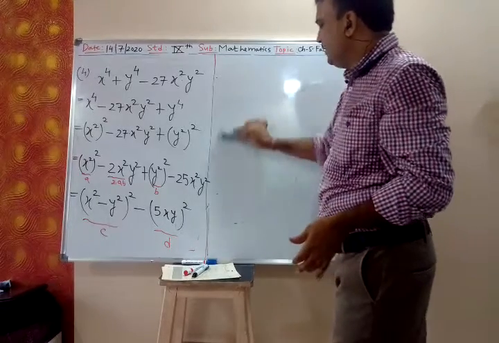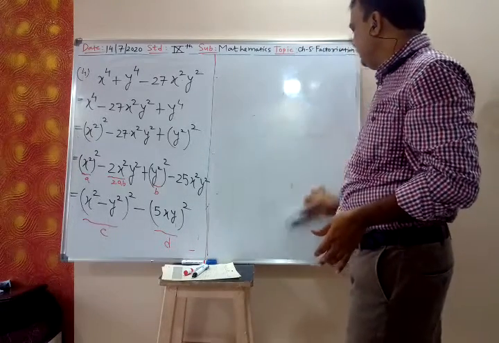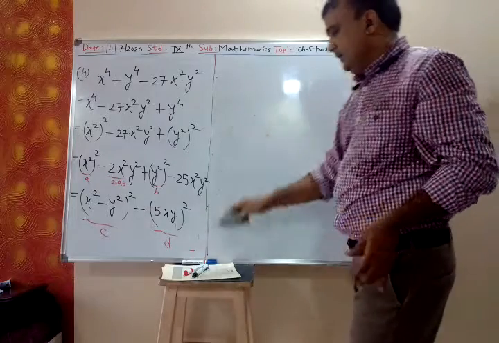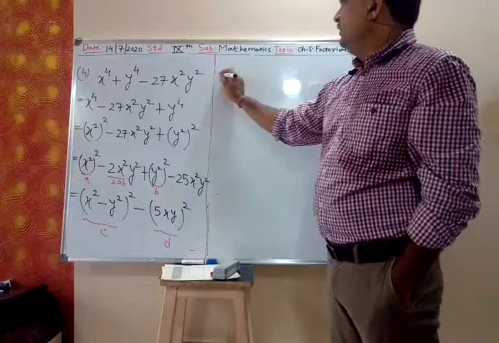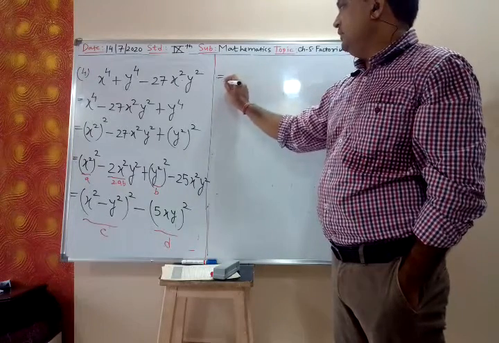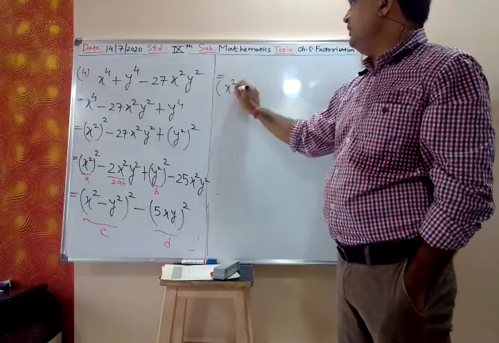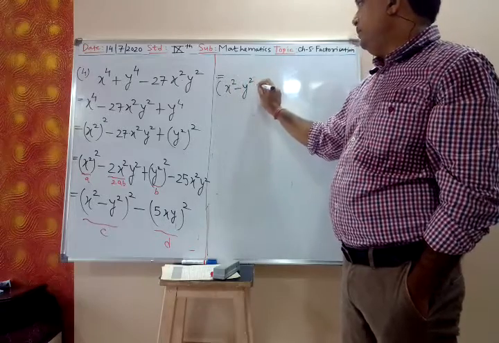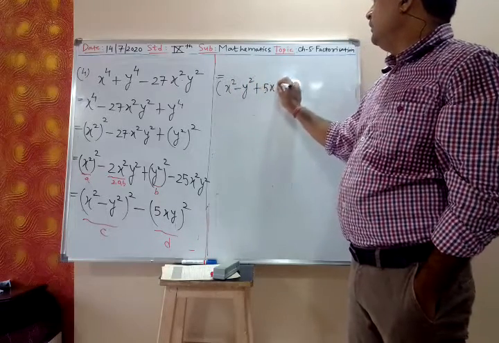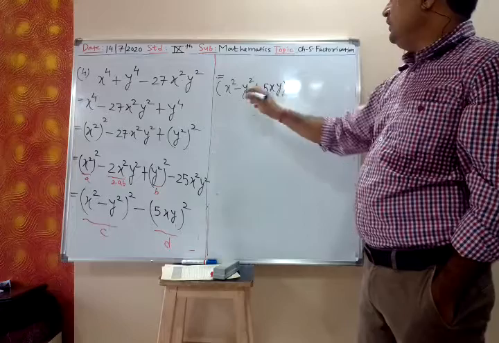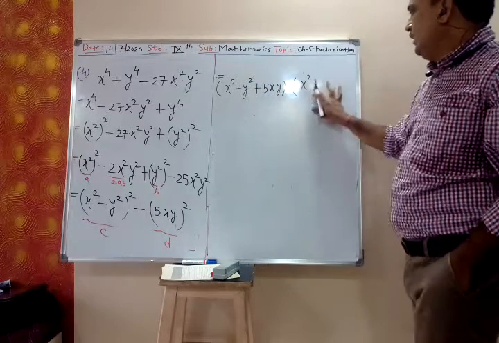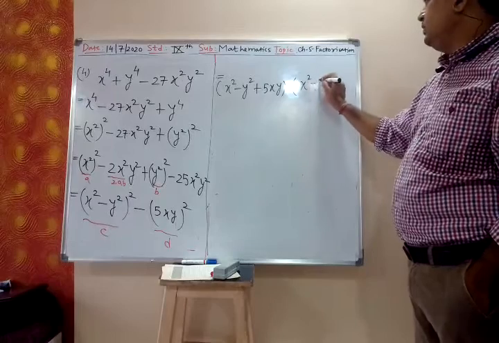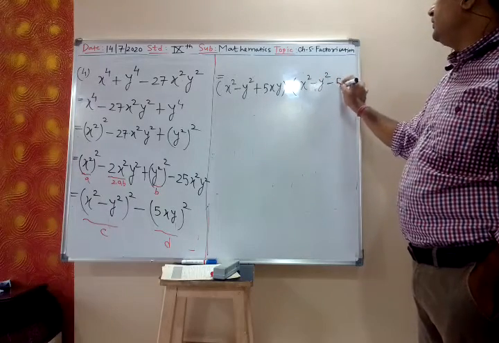That formula we use. So this will be x square minus y square plus 5xy into x square minus y square minus 5xy.